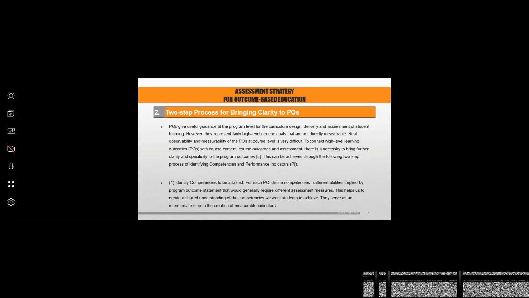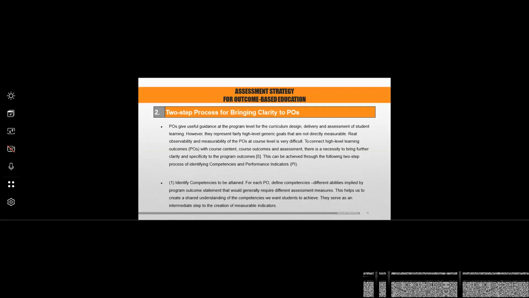First of all, let me discuss the assessment strategy for outcome-based education. Firstly, there is a 2-step process for bringing clarity to the POs. The first step is to identify the competencies to be attained for each PO. What is program outcome 1? Program outcome 1 is engineering knowledge.